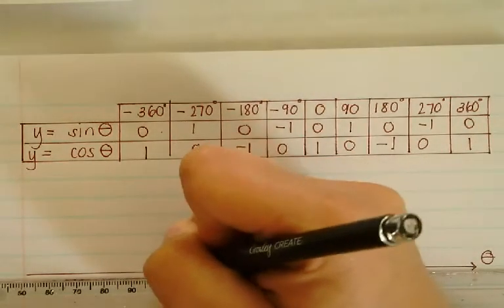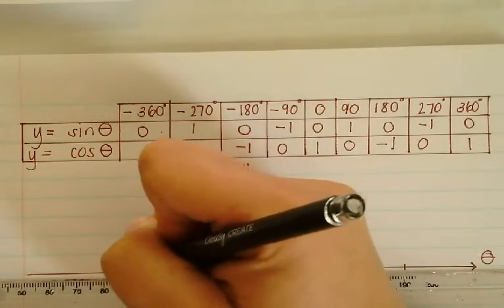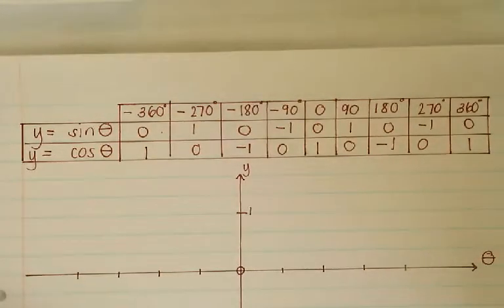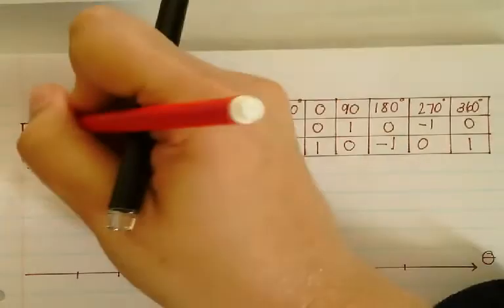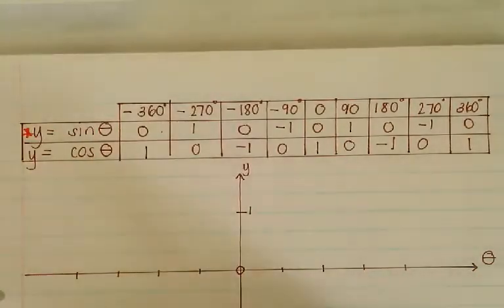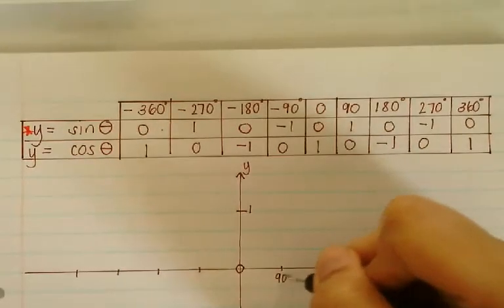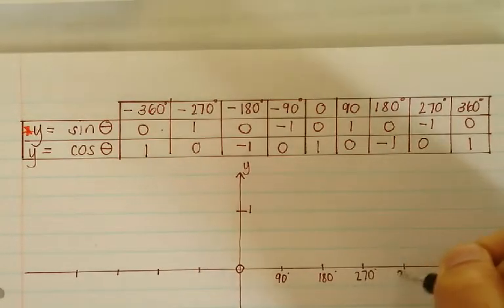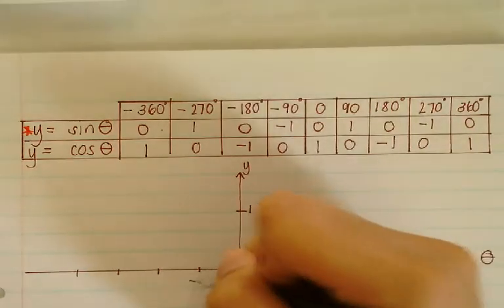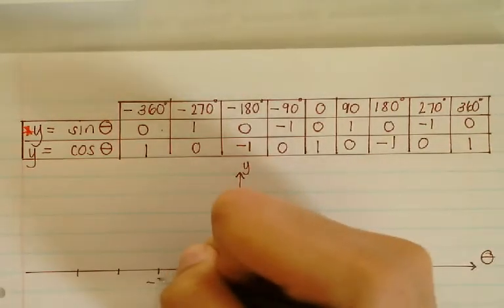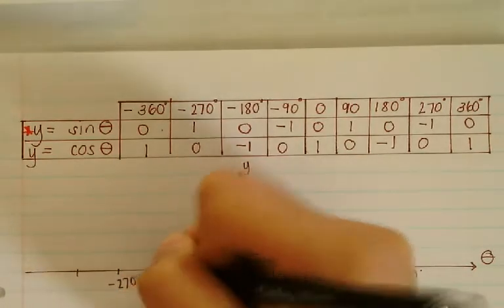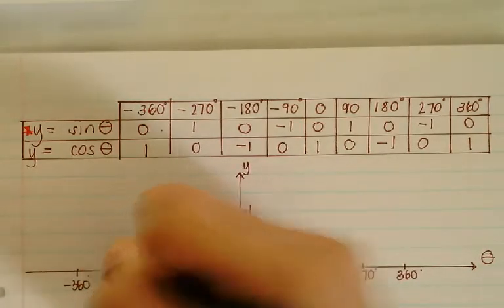I'm also going to use 2 different colors for the cos and sine graphs, just so that I can keep track of which is which. So for sine, I'll make it red. Remember, this is 90, 180, 270, 360, minus 90, minus 180, minus 270, and minus 360.